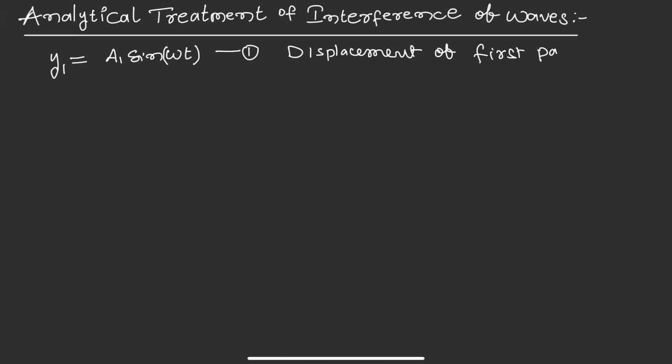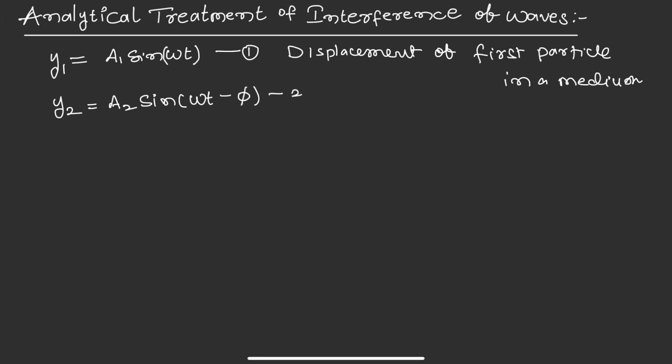Similarly, I'm talking about the second particle in the same medium, the particle of another wave of the same angular frequency, y2. y2 is equal to a2 sin(omega t minus phi). It lags with a phase; the phase difference is phi.